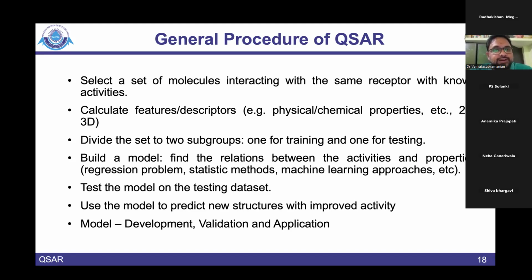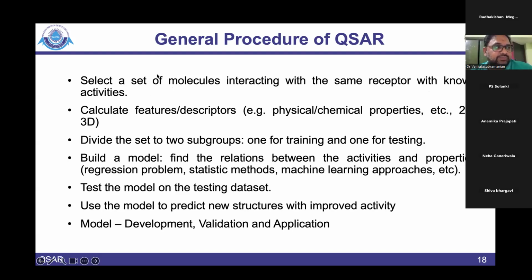It depends on the receptor type, what type of QSAR you want to do, why you want to do it, and what data you have available. So based on that, you might have to modify the protocols, but this is the generalized procedure. Okay, so first, you have to select a set of molecules interacting with the same receptor with known activity.